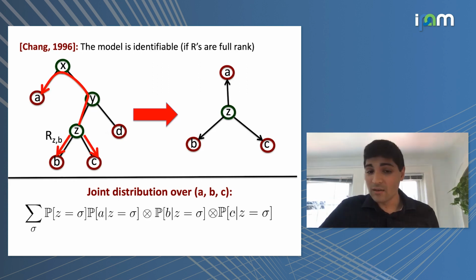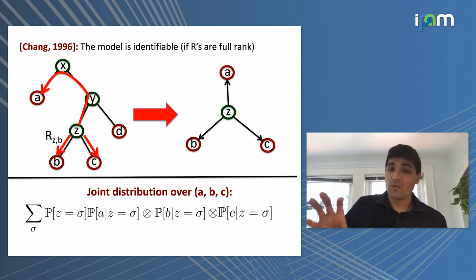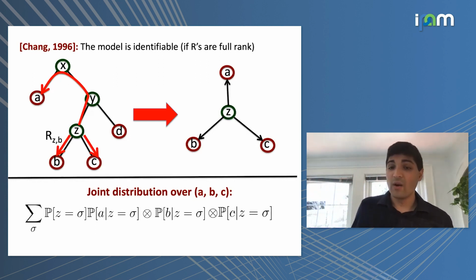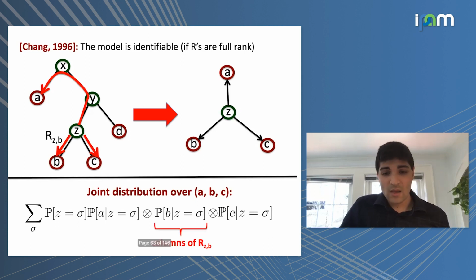So what this means is that this tensor, which we can observe from data, is itself a low rank tensor, where each one of the terms in the decomposition into rank 1 tensors is a different choice for the latent variable Z that we can't observe because it's an extinct species. So that's it.